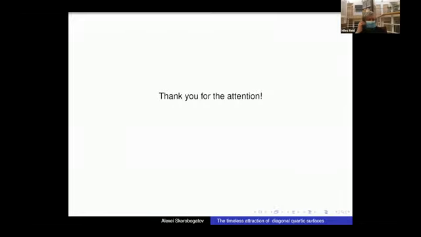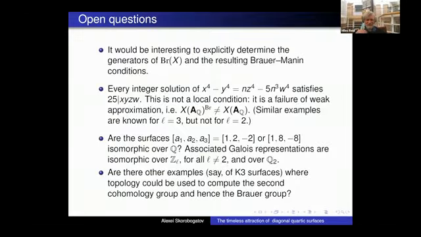So, Alexei, as far as your last question, you must have thought about the Delsarte surfaces. I haven't done that. You know, the symmetry group and the étale cohomology is the same.